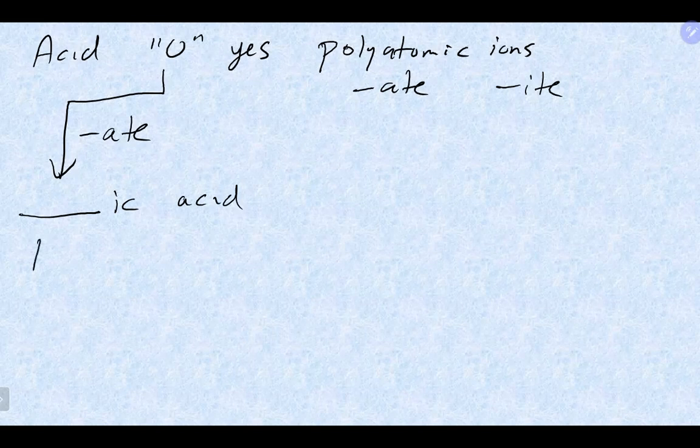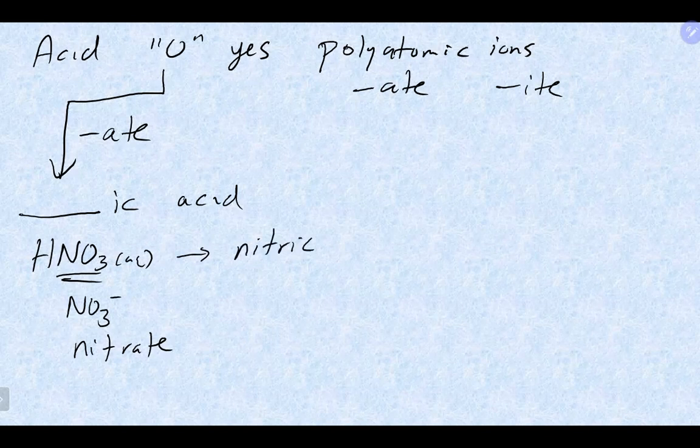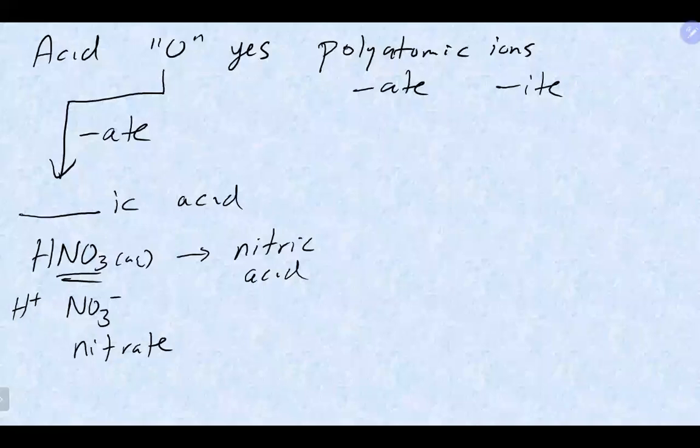So if you take something like HNO3, NO3 is NO3 minus, which is nitrate. This becomes nitric acid. The cation is H plus, the anion is nitrate.